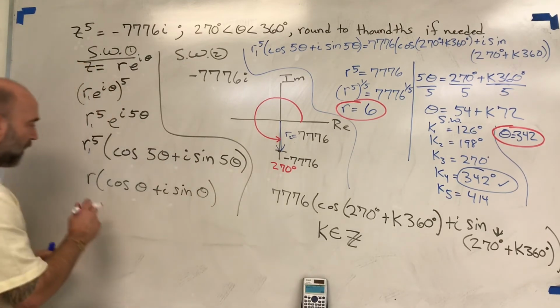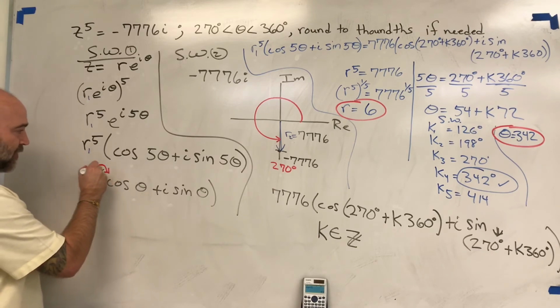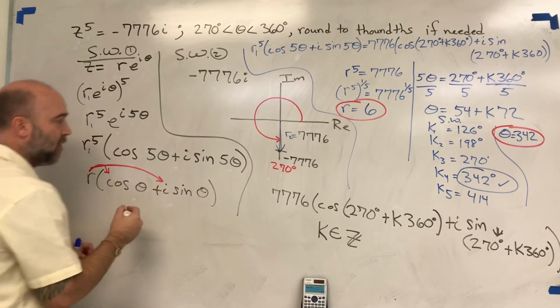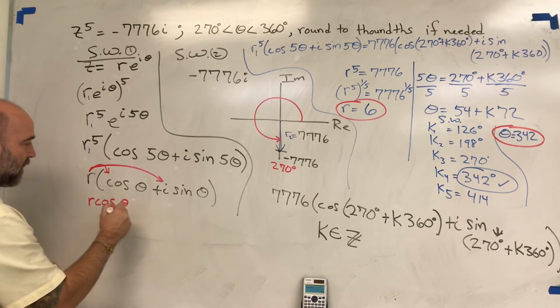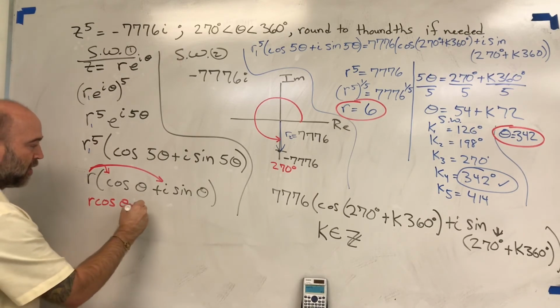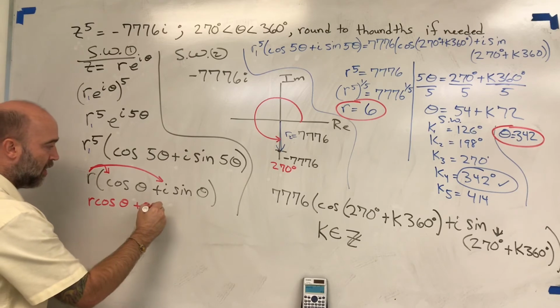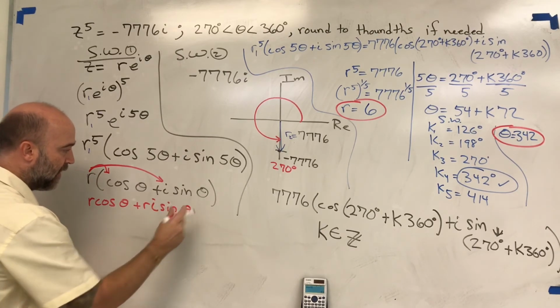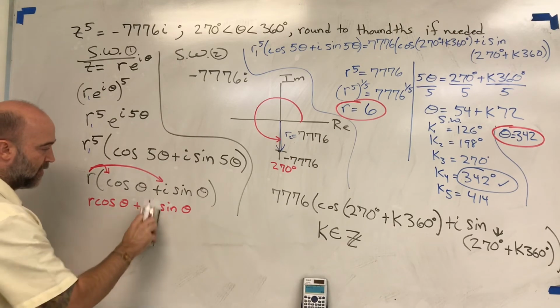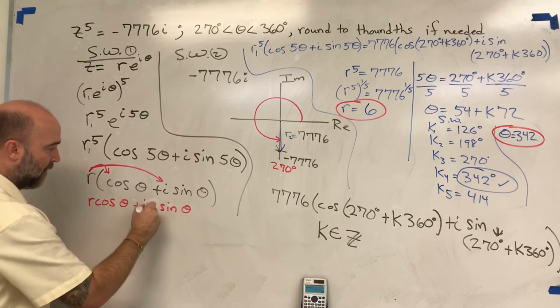So if this r distributes to each one, it's r cosine theta is the real part, plus r i sine theta is the imaginary part. Let's put the i in front.